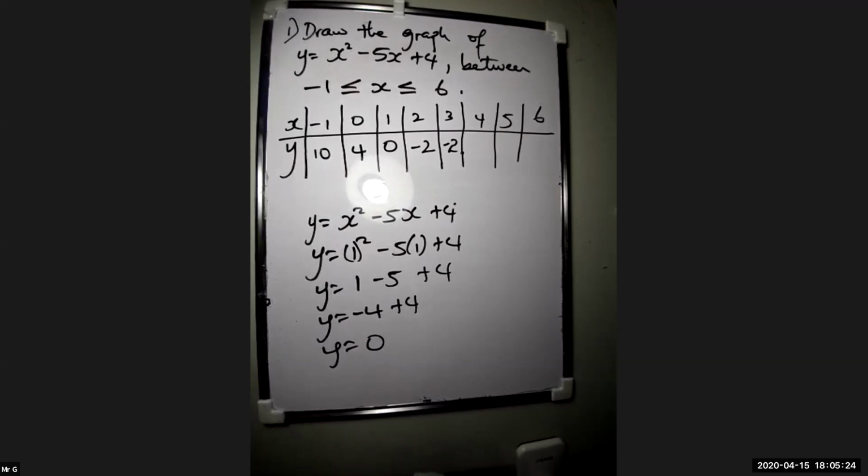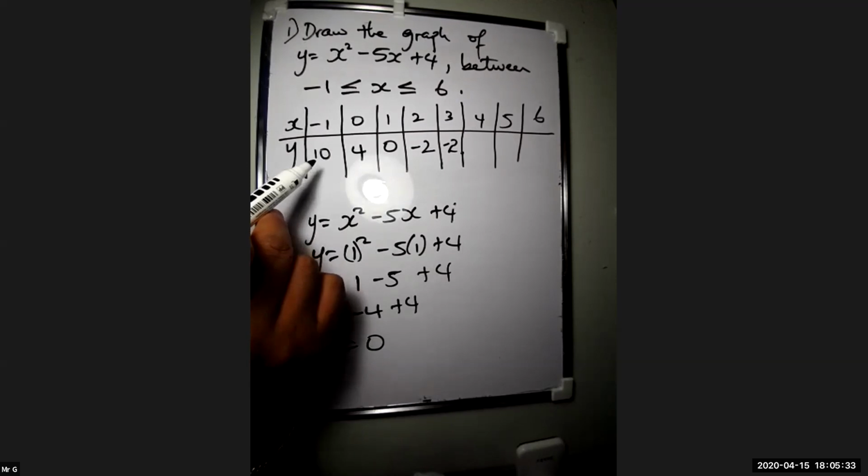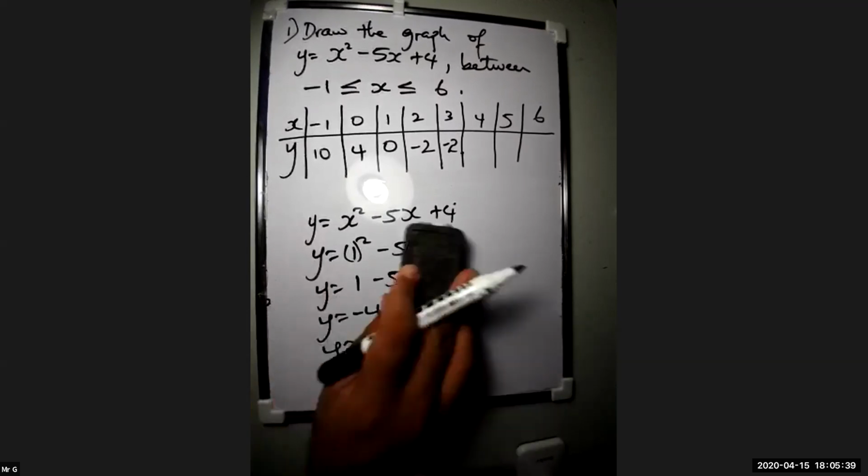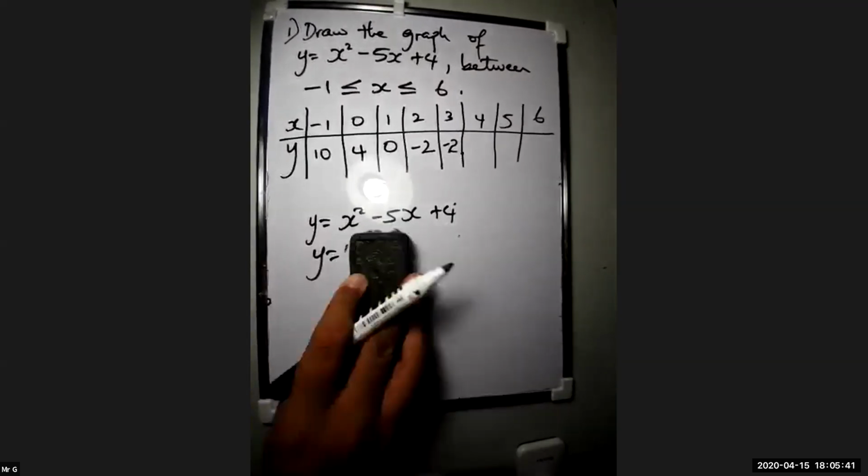So I get 0 for the first one, not 10. That's for this one? Yeah. You want me to do it for you? All right.